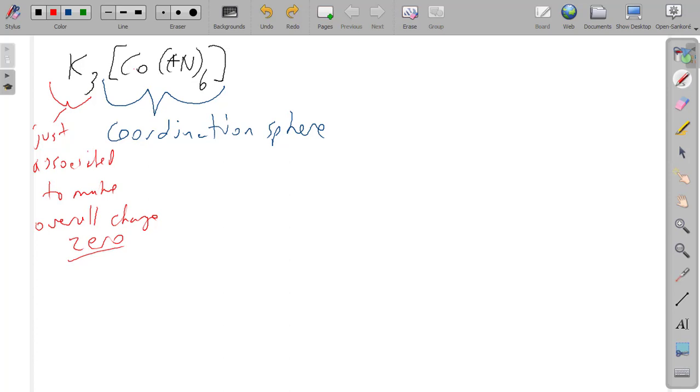All right, so let's do the coordination number first. How many bites does this take out of this cobalt that we're looking at? Because coordination number is easier than oxidation state. That's going to take a little bit of work.